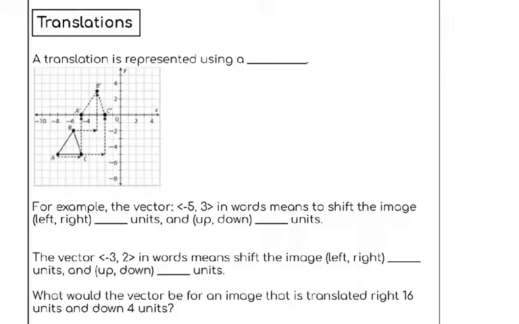Okay, so a translation is usually represented using something called a vector. And a vector in component form is going to look like this, A and B. A is going to represent our horizontal change, so how we're going to get from one point to the next, what change we're going to go horizontally.